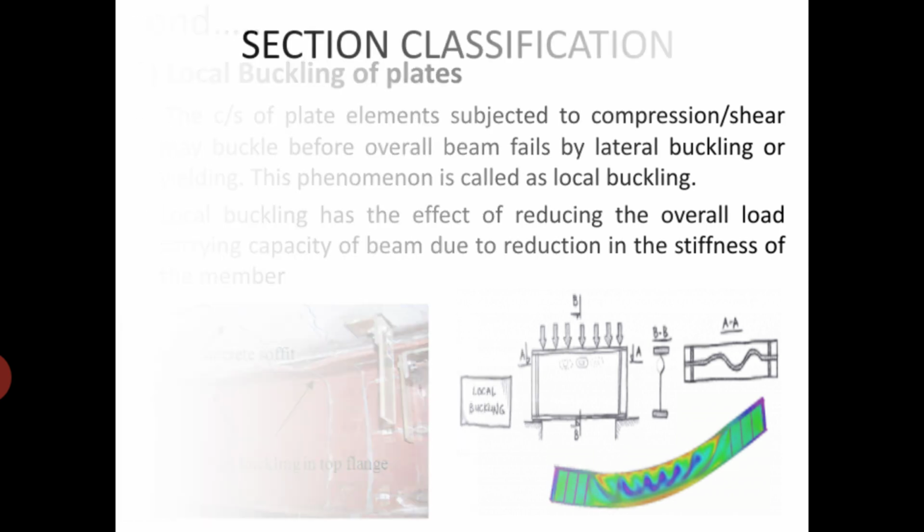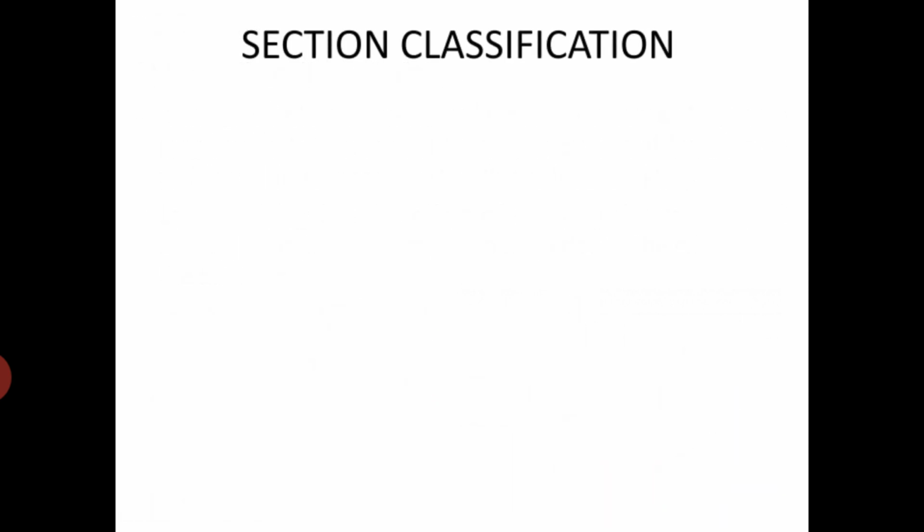In this particular lecture, what I am going to discuss is the section classification, which is used in steel structures, especially for laterally restrained beams. To make a classification of the section, the theory behind it is the bending theory we explained previously, and the failures or factors affecting the bending of the beam.